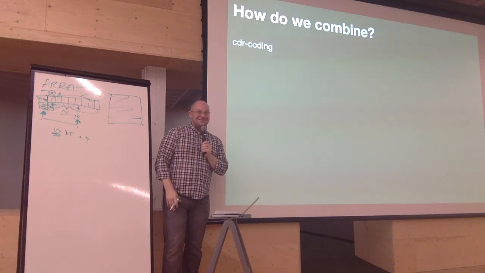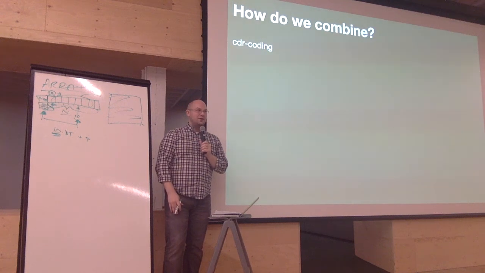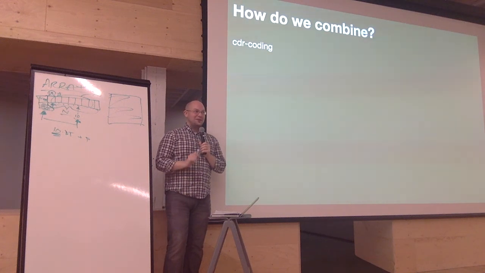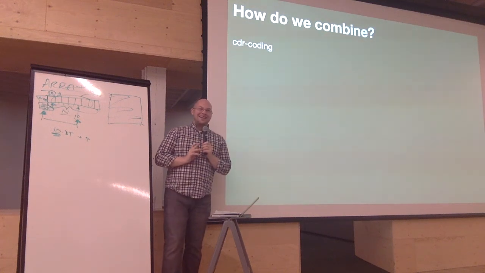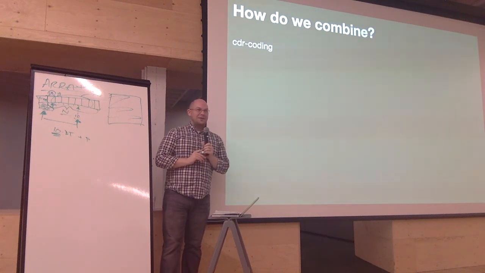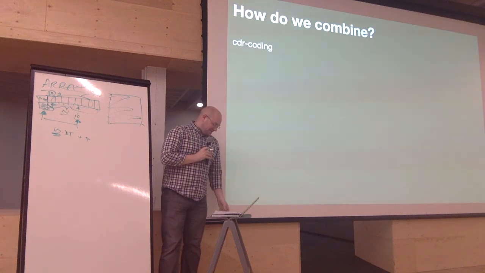I know car is contents of the address register. I forget what cdr is. Contents of the decrement register. Yeah, it's almost exactly the same. And these come from the IBM 704 or something. I only know that because I looked it up right before this talk. It's not the kind of information that I usually carry around in my head, but it's something nice to pull out at parties, I guess.